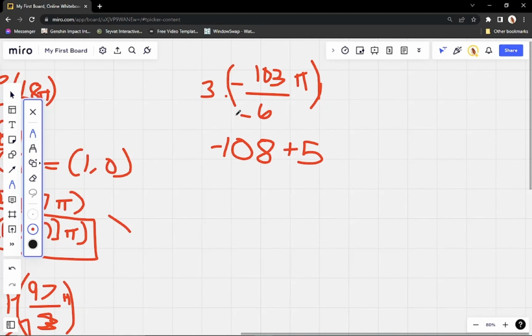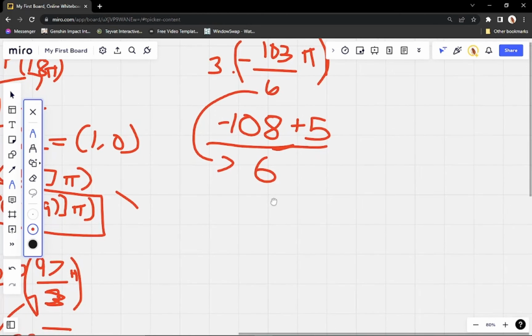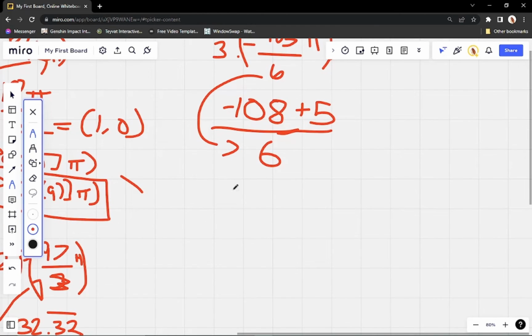After this, we just copy the denominator and we can divide this side. Negative 108 divided by 6 will leave us with negative 18. And then we just copy this side over here.